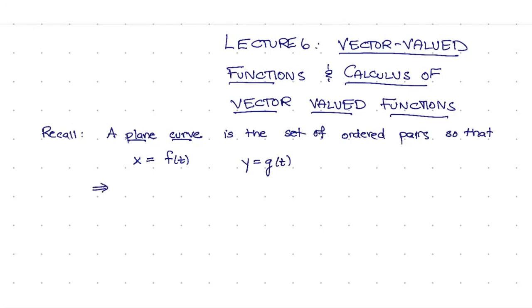This gives us an ordered pair where x is given by f of t and y is given by g of t, where both f and g are continuous.